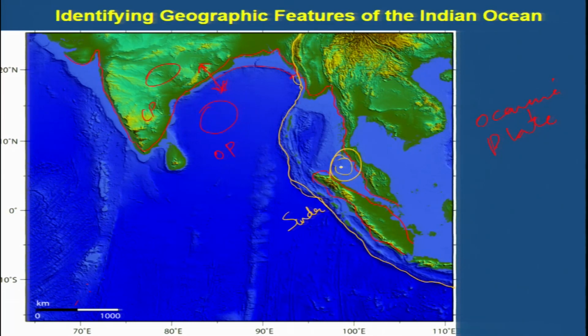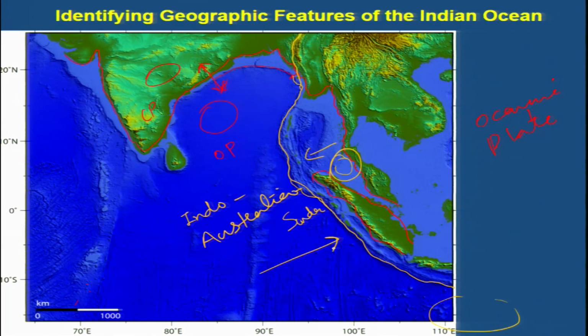Okay. So this is the Indo-Australian plate, because there is some Australian plate also. Okay, because this Australian landmass is here, somewhere here. So Indo-Australian plate, and this is the continental landmass.